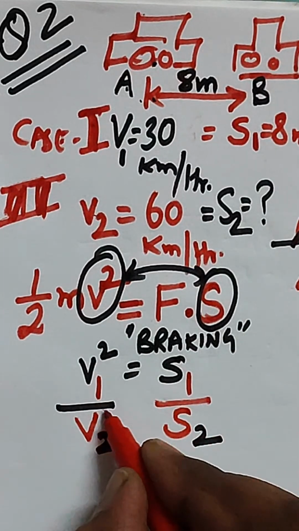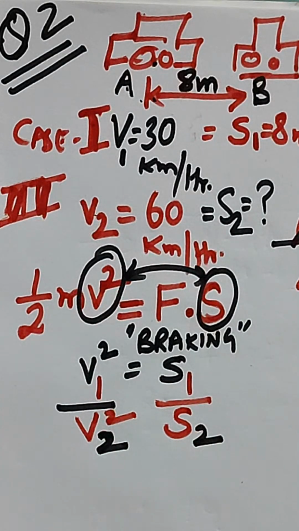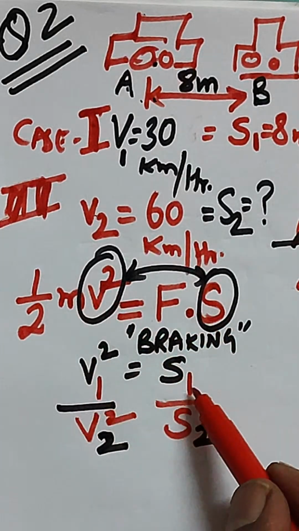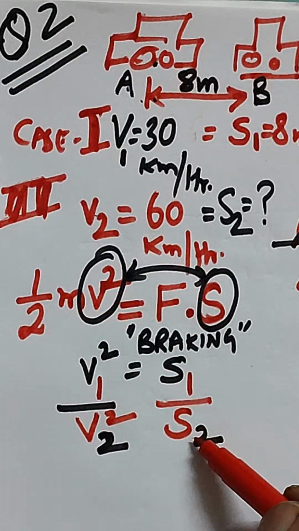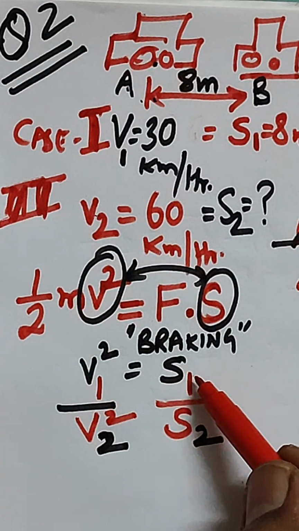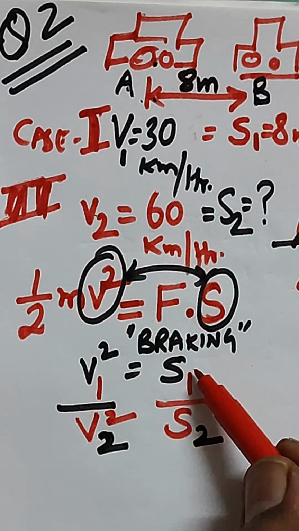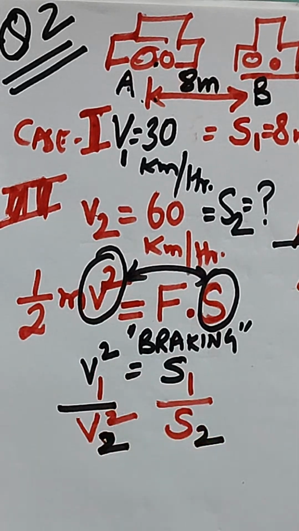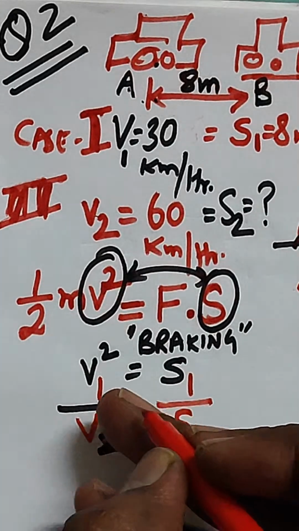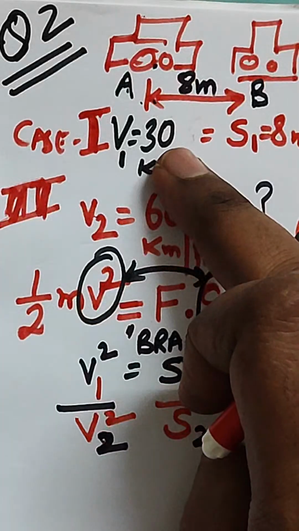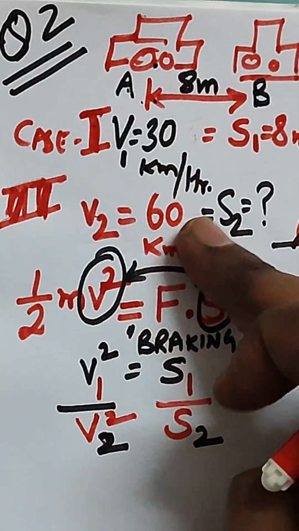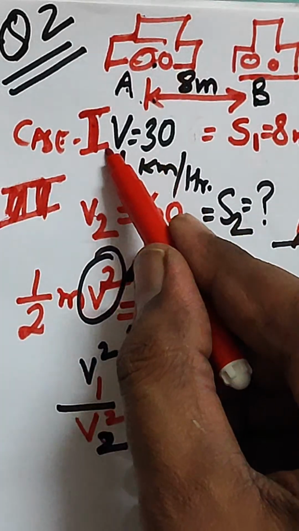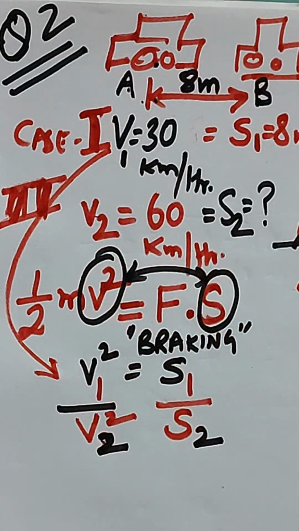Since S1 is proportional to V square, the ratio of S1 and S2 will be equal to the ratio of V1 square and V2 square. V1 is 30 and V2 is 60.